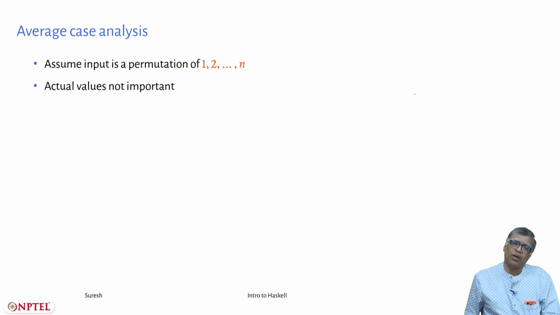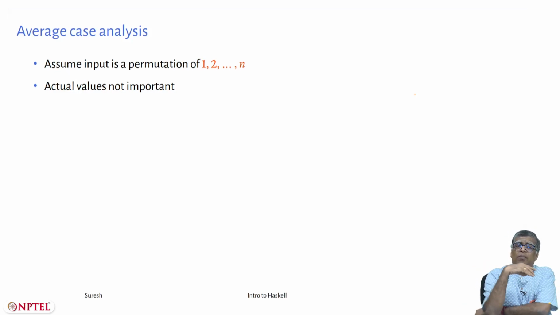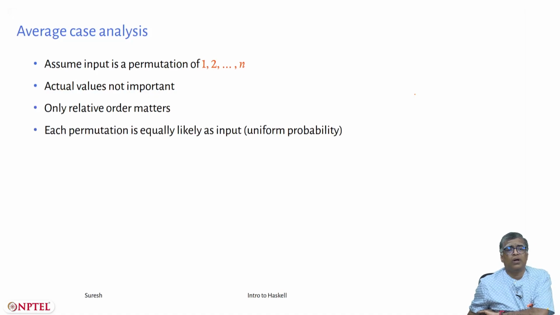One way of computing this average case analysis is to assume that your input is a random input in this range. So basically it's a random permutation of 1 to n. Random means random with uniform distribution.